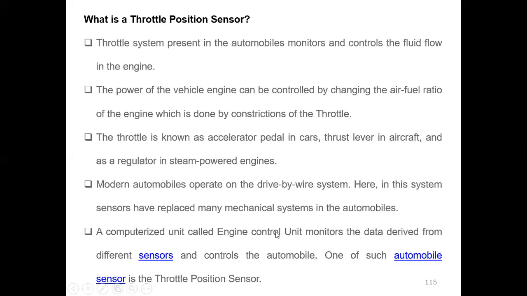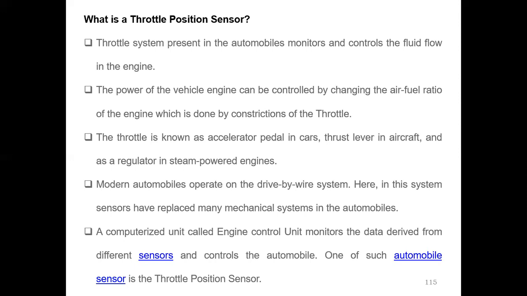Let's see the throttle position sensor. The main concept of the throttle position sensor is that it monitors and controls the fuel flow in the engine. That is petrol fuel flow in the engine. The power of the vehicle engine can be controlled by changing the air-fuel ratio of the engine.